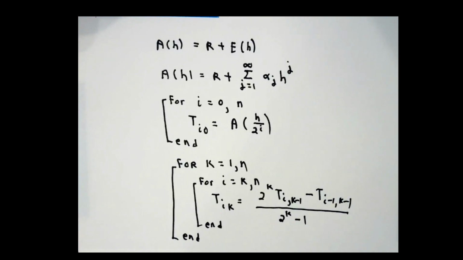We proved that the k equal 2 column has no h squared term in its error expansion. We conjecture that that pattern will continue, and that's what I want to talk about today.